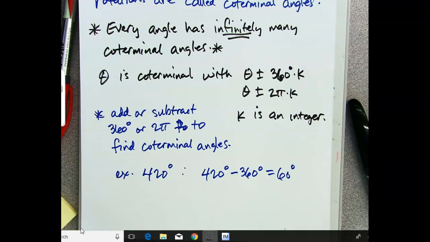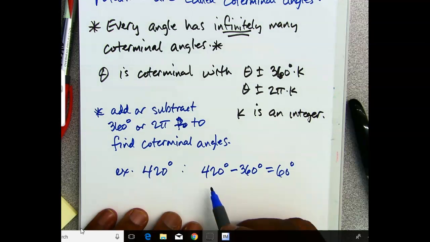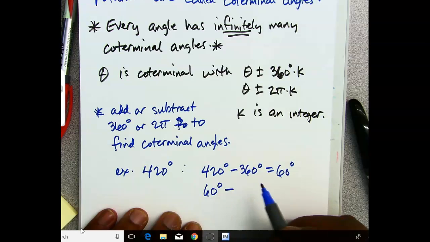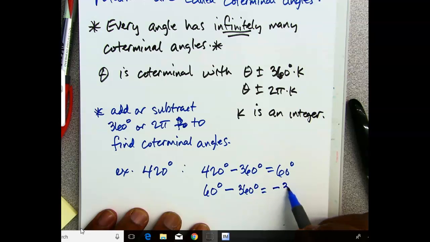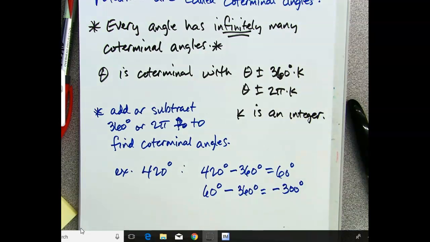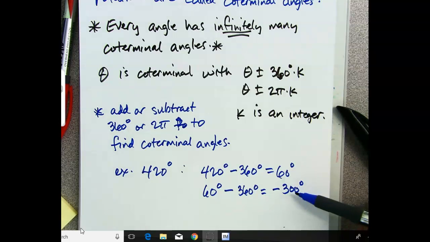So 60 degrees and 420 degrees are coterminal. Now, how about if we go 60 degrees minus 360 degrees? That will take us to negative 300 degrees. Is that also coterminal with 420 degrees? Yeah. So now we have a positive and a negative.